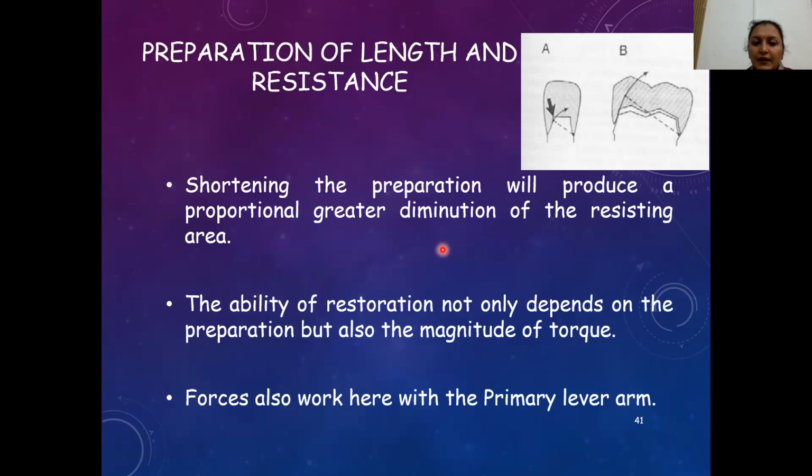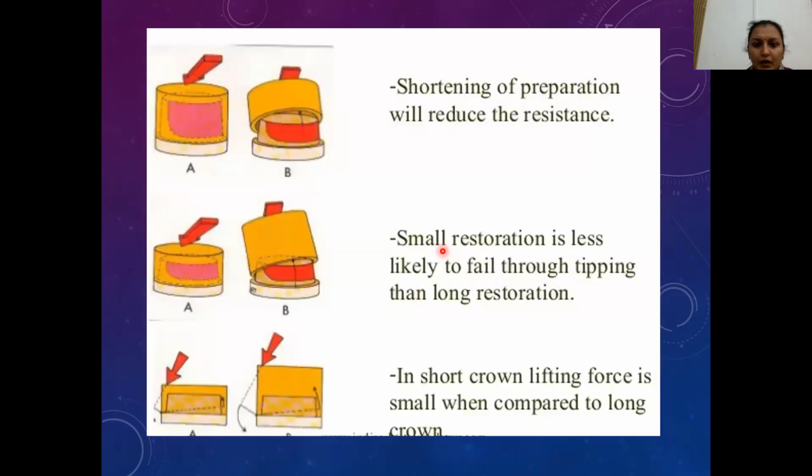Now, the ability of the restoration to resist depends not only on the preparation, but also on the magnitude of torque. Forces also work here with the primary lever arm. Shortening of the preparation will reduce the resistance. If a small restoration is given on a small preparation, that is less likely to fail through tipping than a long restoration.